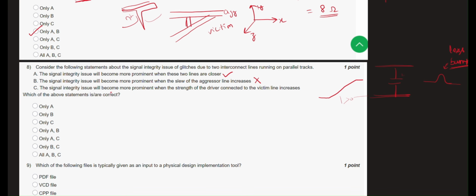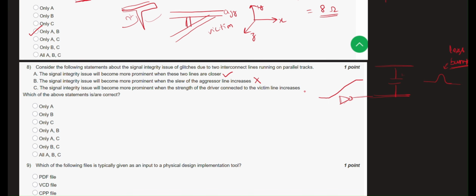The signal integrity issue will become more prominent when the strength of the driver connected to the victim line increases. If the strength of the driver is increased, then it is going to fulfill the demand of the coupling capacitor. And if the driver is strong, the demands are met, then we are going to see less signal integrity issue. But here it is saying that the issue will become more prominent when the driver strength is increasing.